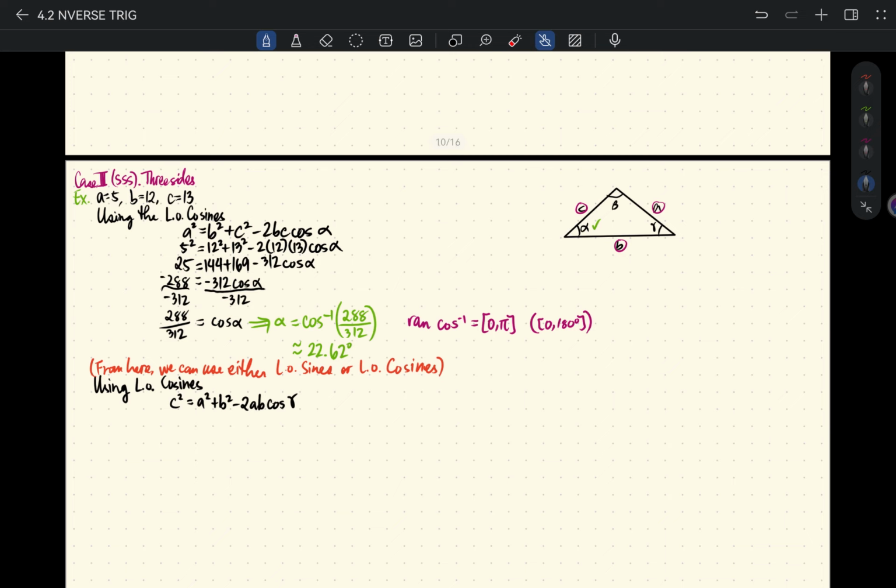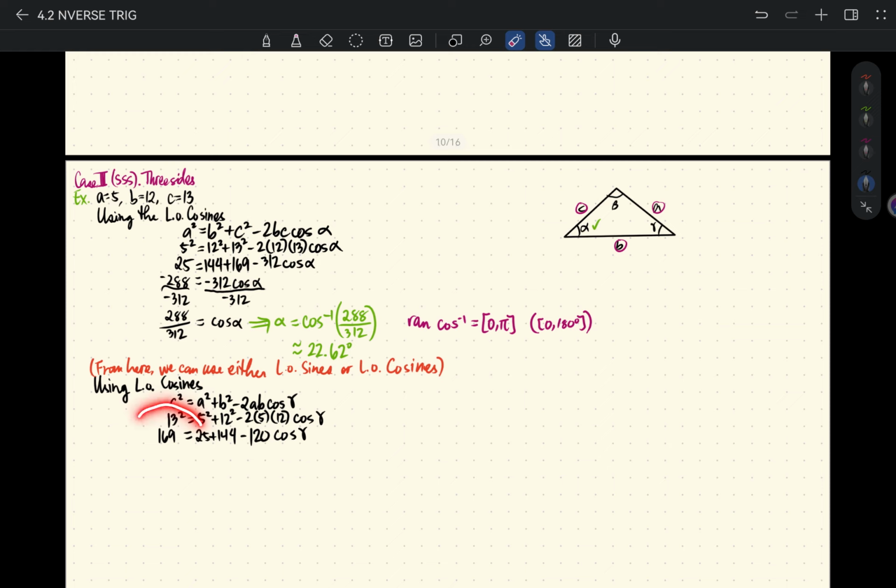So if you plug C here, you have 13 squared equals 5 squared plus 12 squared minus 2 times 5 times 12 cosine gamma. So 13 squared, that's 169, equals 25 plus 144 minus 2 times 5, that's 10, times 12, you have 120 cosine gamma.